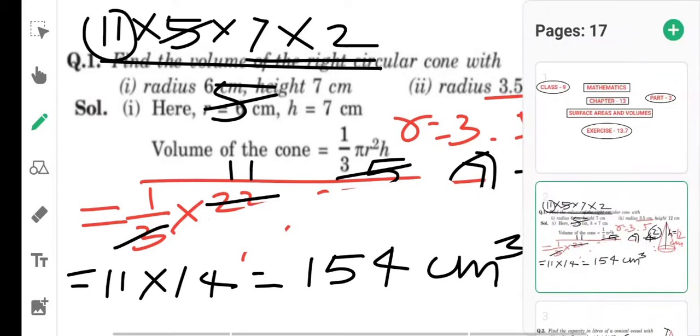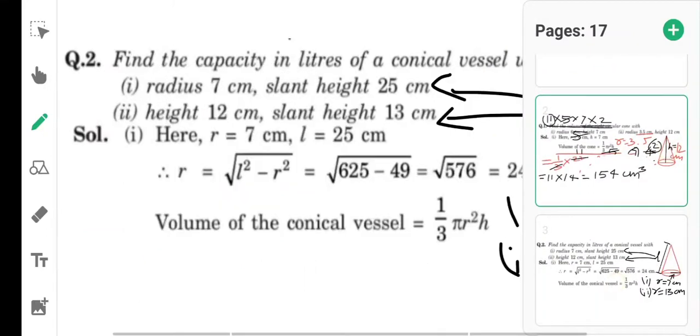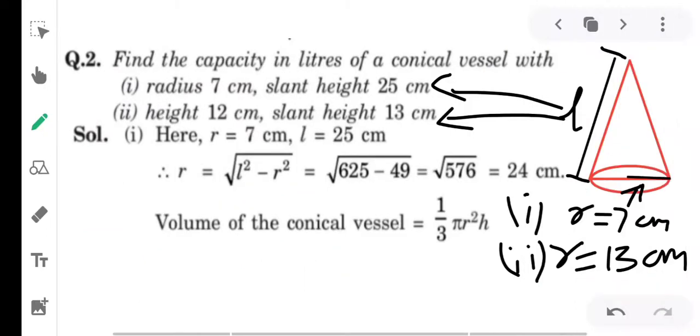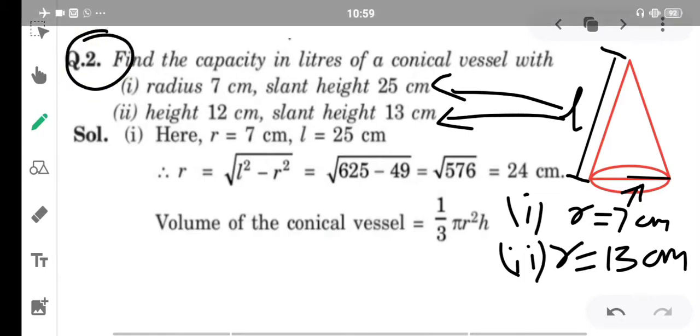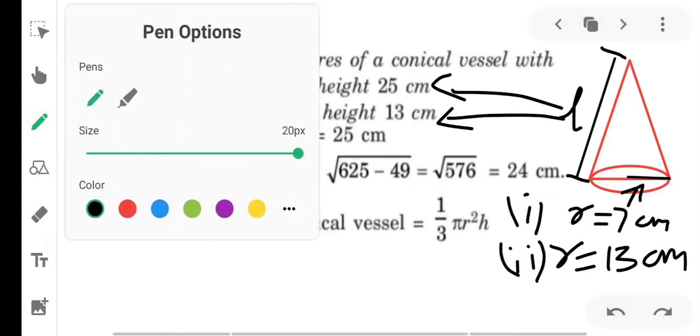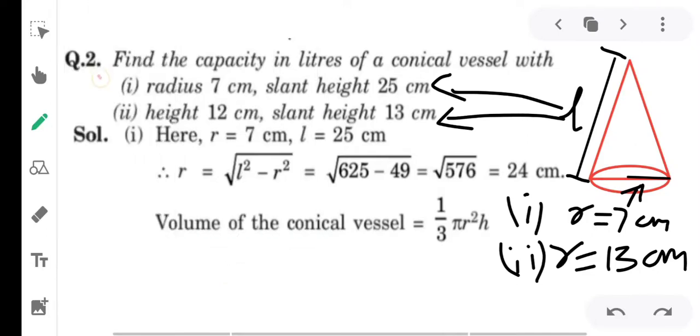Now we come to question number 2, right? This is question number 2 in front of you. Question number 2 also contains 2 questions, right? You can see one is over here and the second is over here, in which the radius and the height both are given different values, and in the second scenario we have the height that is 12 centimeter and the slant height that is 13 centimeter, right?